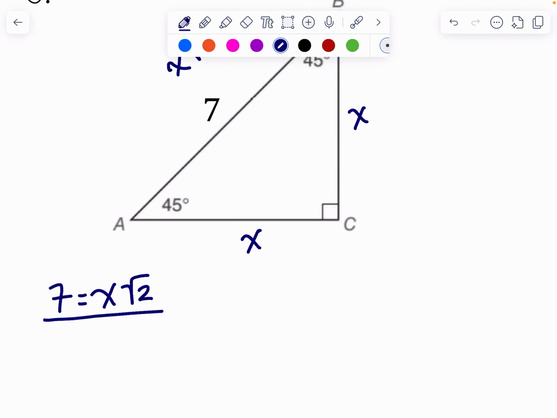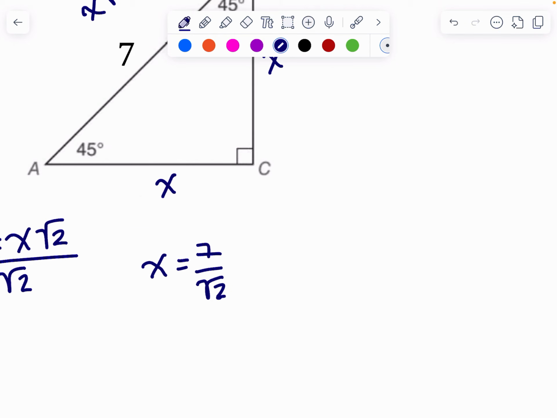Well, to get x by itself, we're going to divide by the square root of 2, which tells me that my side length should be 7 over root 2. However, we still have that problem where we don't like having the square root in the denominator. So once again, to get rid of it, I'm going to multiply it by itself. But because I can only multiply by the value of 1, I need to multiply by that on top and bottom. Once again, this is what we call a well-chosen 1. It's well chosen because it's helping me in the problem.